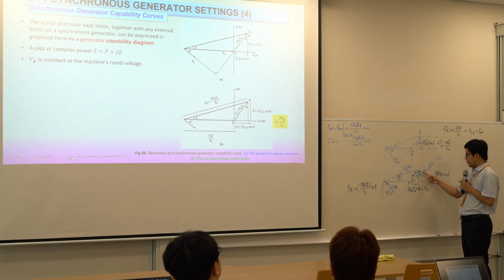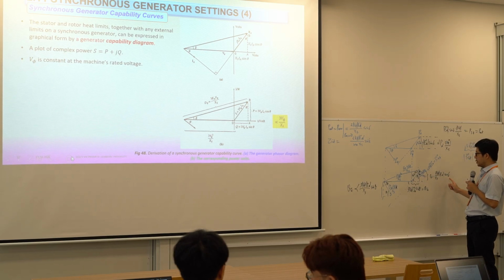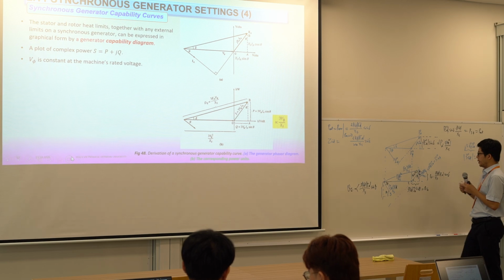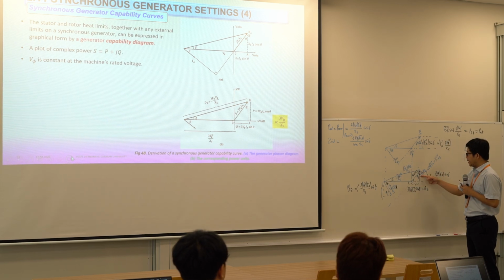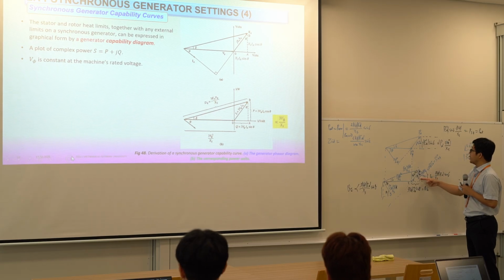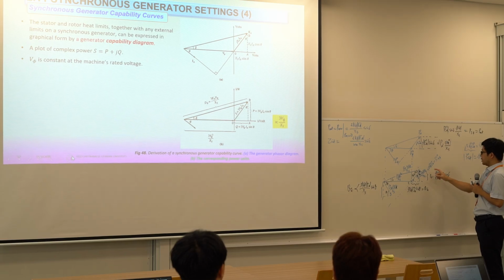So if we determine this segment, we come up with delta, because this one is delta, so this one is EA sine delta, right? We come with 3V phase of SS to get this VG.